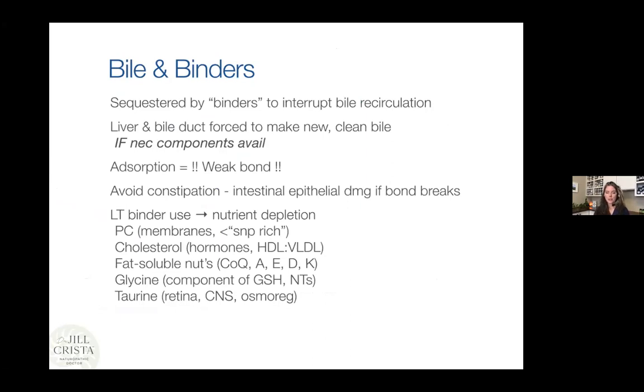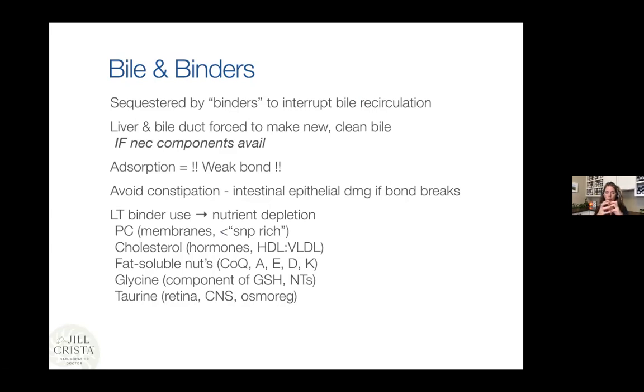So bile is sequestered by the binders so that you poop it out instead of reabsorb it. The reabsorption then, or the blocking of the reabsorption, can put you into a nutrient depletion of the good fat soluble vitamins that we need, that the whole recycle process was made for. It's really important to know that bile binding is like two magnets.